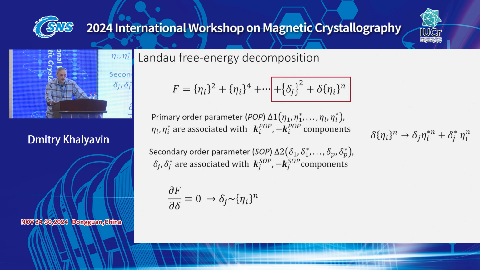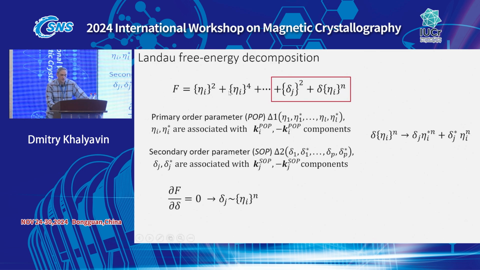It's the thermodynamical part of Landau theory, which tells us that the free energy, which is responsible for the stability of our daughter or child phase, can be decomposed into powers of order parameter components. You have probably seen in literature this type of Landau decomposition, with quadratic and quartic terms, where eta is our primary order parameter. In most cases you will see this decomposition including only the primary order parameter, magnetization, polarization, or whatever.